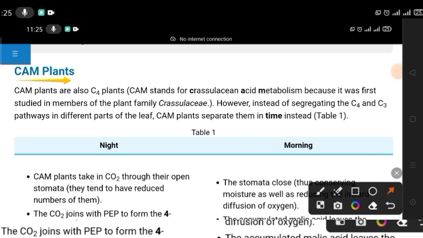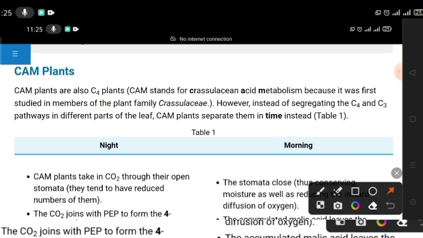CAM is an abbreviation of crassulacean acid metabolism. These are also C4 plants, and the name of these plants is due to the fact that crassulacean acid metabolism was first studied in the plant family Crassulaceae.